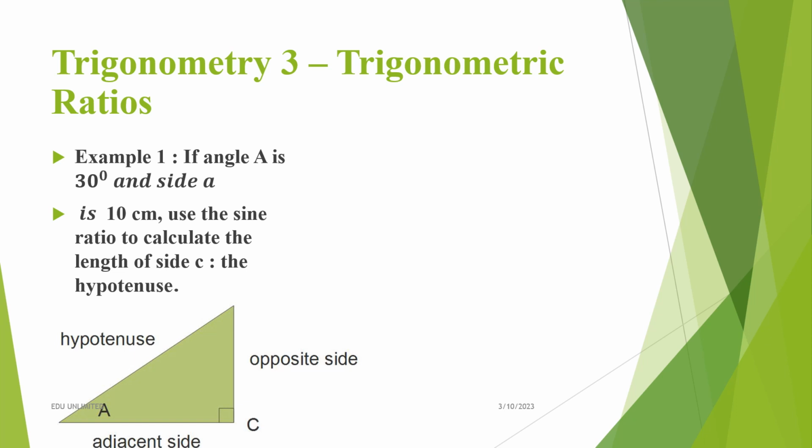So let us label this angle A, which is 30 degrees, and side A, which is 10 centimeters. So we need to find the length of the hypotenuse.